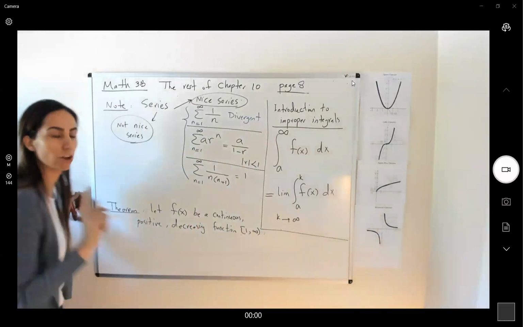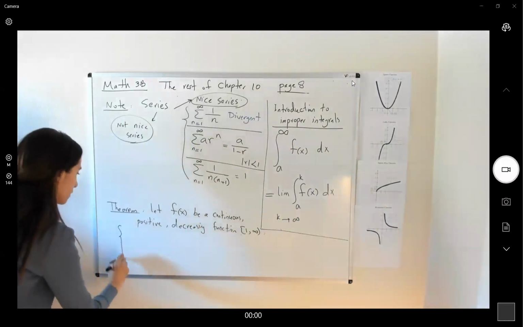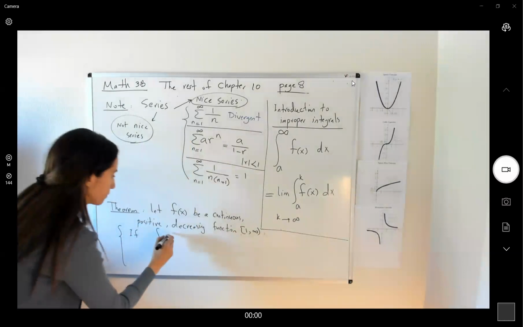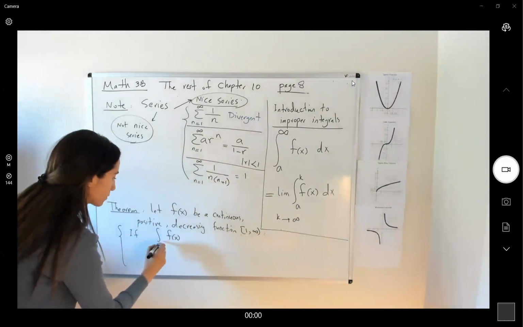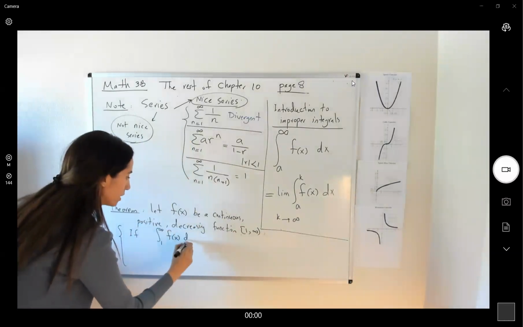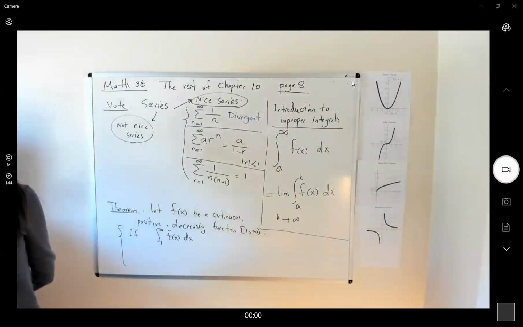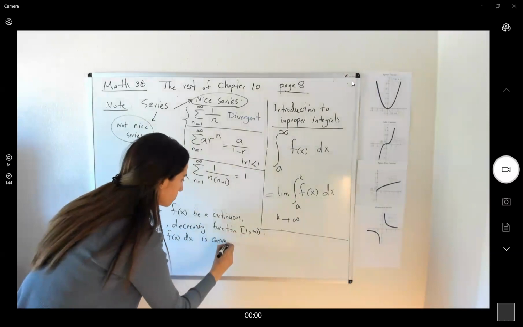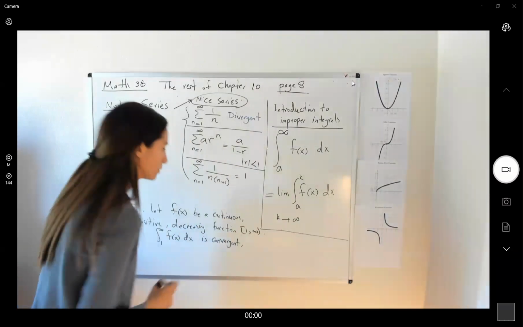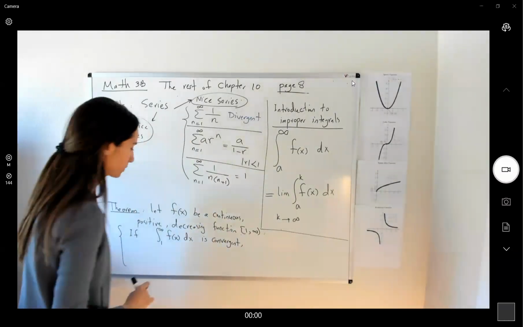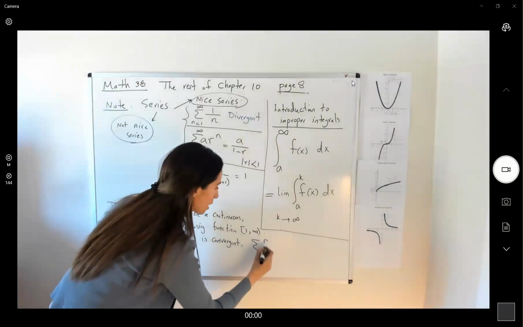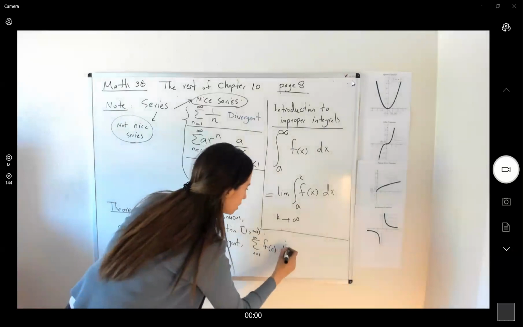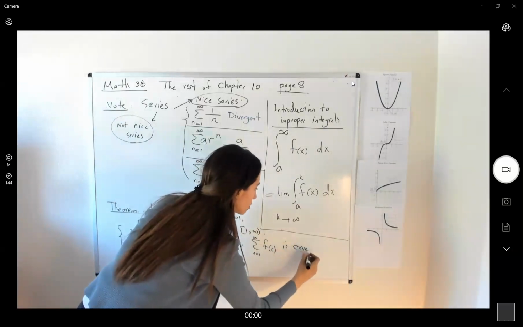Then you have the following conclusions. If the improper integral of f of x dx from 1 to infinity is convergent, then the series sum of f of n from 1 to infinity is also convergent.